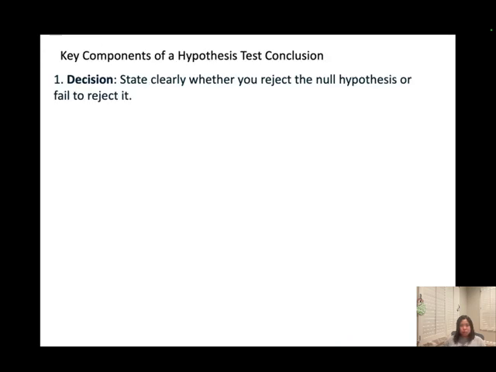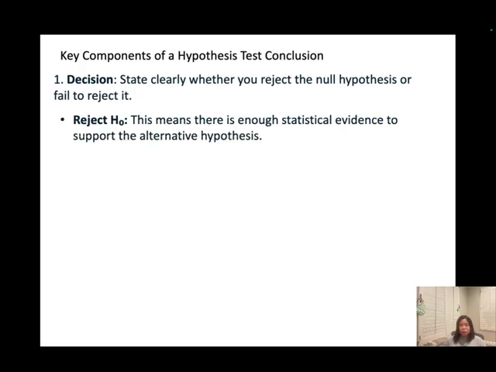Okay, key components of a hypothesis test conclusion. Decision: state clearly whether you reject the null hypothesis or fail to reject it. When you reject it, this means we do have enough statistical evidence to support the alternate hypothesis.